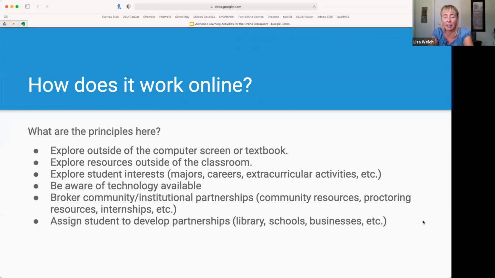In the online environment, you can give them assignments and activities where they go and find things outside of their computer classroom, where they have to go and speak to people in the community. Also give them assignments to develop these partnerships. We can help broker them as faculty and through the institution itself, but we can also have them broker some of these partnerships themselves, go to libraries, schools, businesses, to make it more real world.